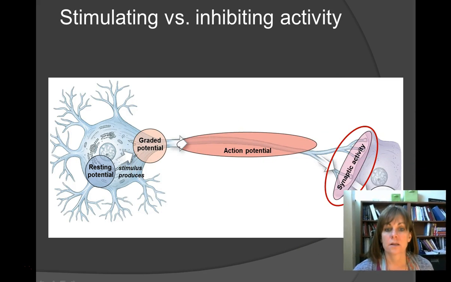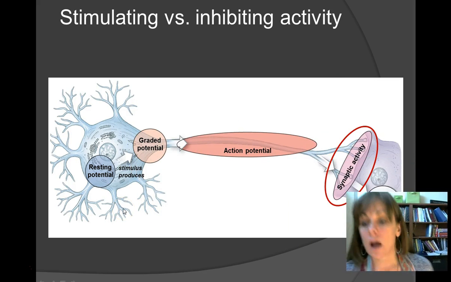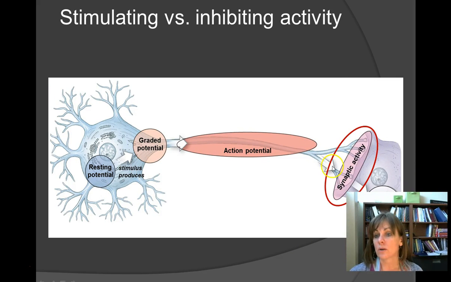Okay, so what we've been talking about so far is we've only been talking about stimulating. And to do that, we've been looking at our friend here, the chemical gated sodium channel. But what I want to tell you is that this isn't the only channel that can be on this postsynaptic neuron.